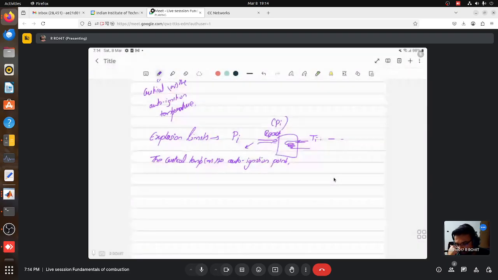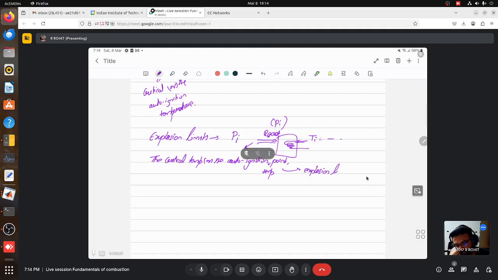So now we say that the critical temperature, the auto ignition temperature point I should say, is also what we refer to as the explosion limit. Its value varies with initial pressure.